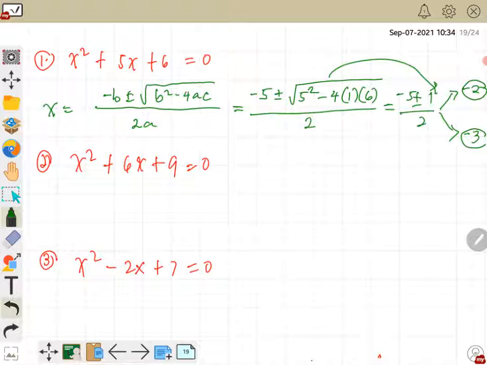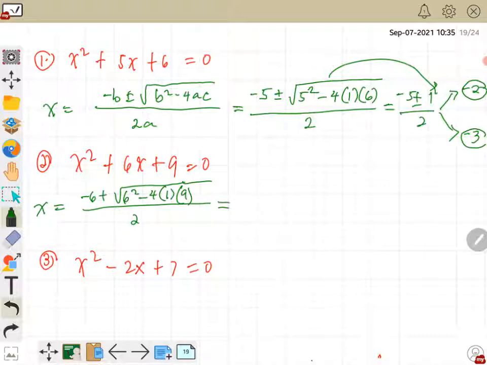The next one, we have x squared plus 6x plus 9. For x, our b is 6, that gives us negative 6 plus minus the square root of b square, which is 6 square, minus 4 times a, which is 1, times c, which is 9, all over 2a, which means 2 times 1.